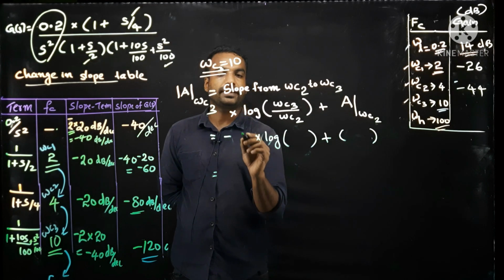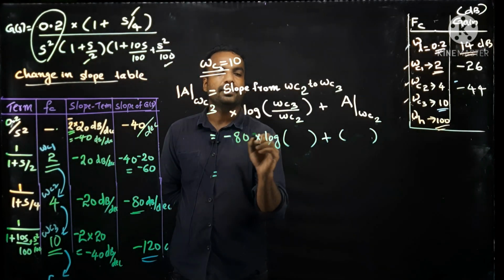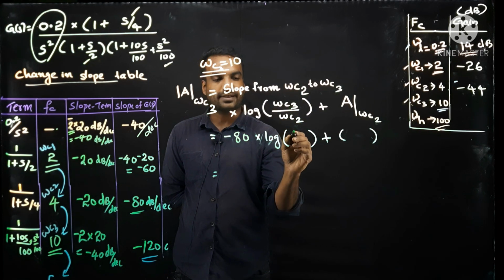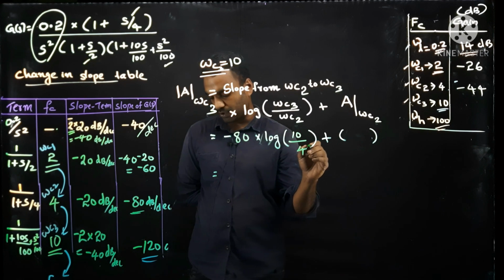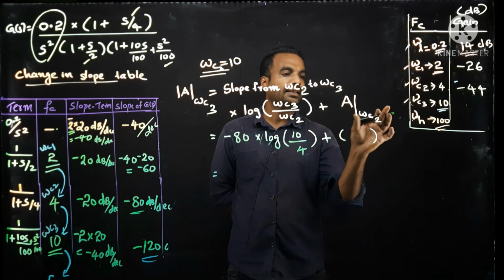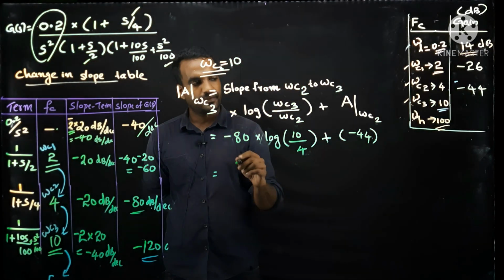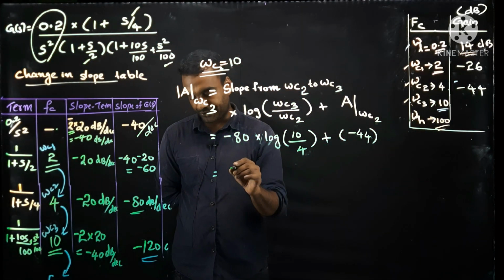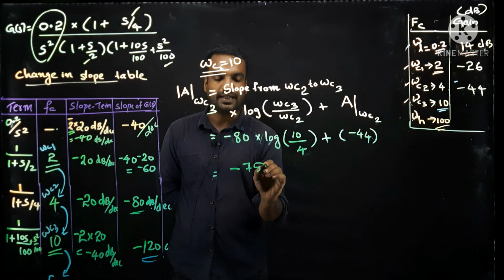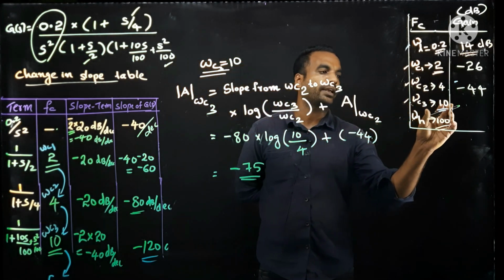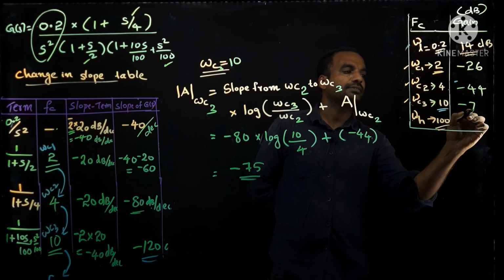Okay, so it is slope from omega C2 to omega C3, that is minus 80, into log of omega C3, which is 10, by omega C2, which is 4, plus gain at the last point, that is minus 44. Please substitute that using a calculator, then you will get minus 75 as the answer. So this is also okay. For the corner frequency of value 10, the gain is minus 75.